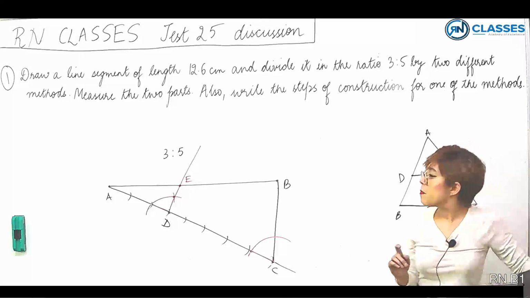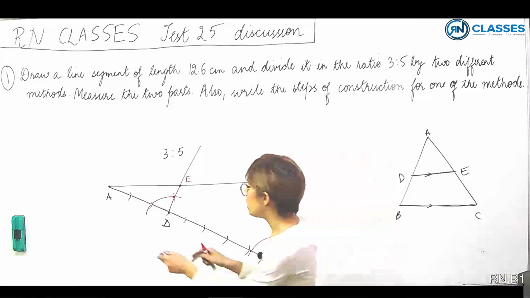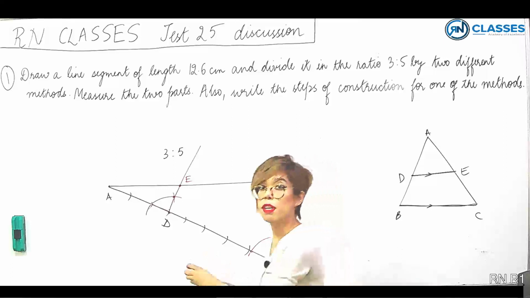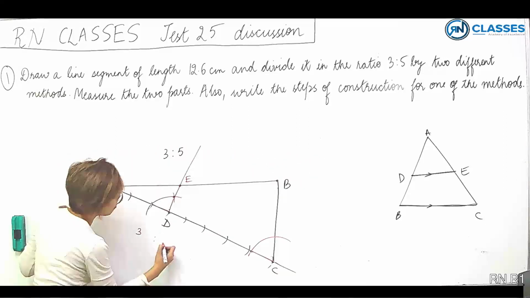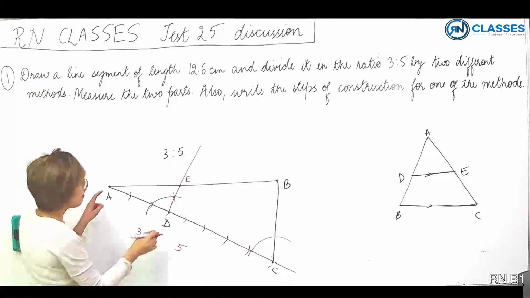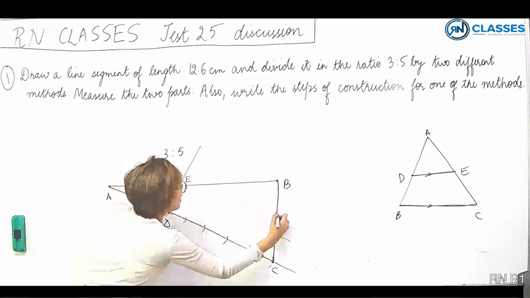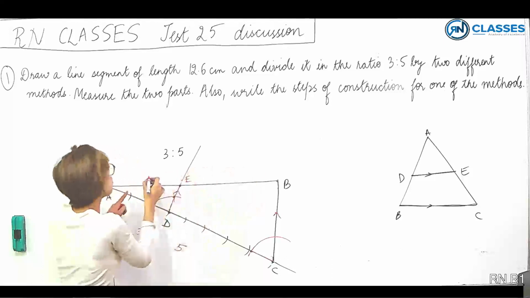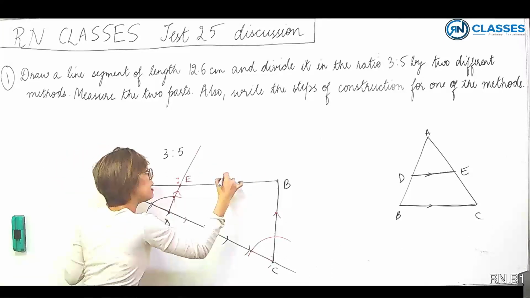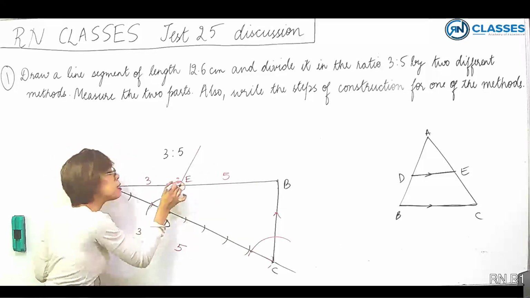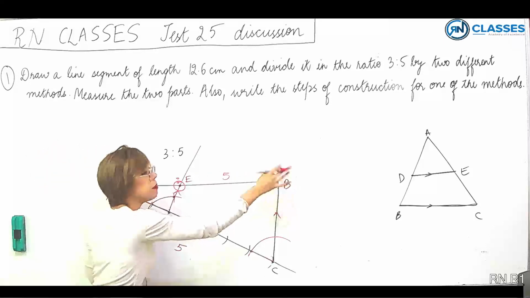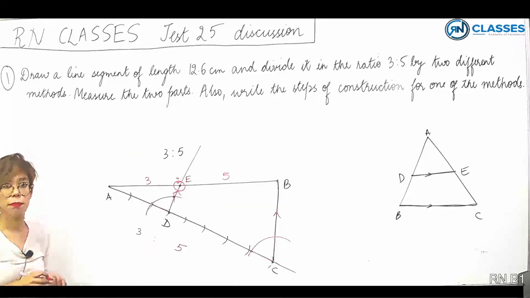Now we know that AD by DC is 3 is to 5. We made sure of that. If this line is parallel to BC, this ratio should also be 3 is to 5. That means your point E is the point of division of AB in the required ratio.